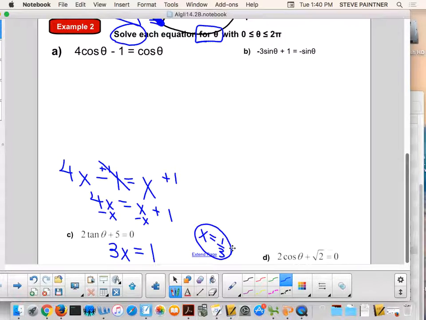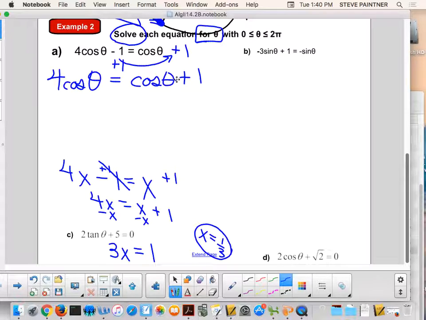In 9th grade, you did that problem. Now you're in 11th grade. Now you got to solve this problem. It doesn't say x. It says cosine theta. Big deal. It's the same thing. Move the 1 over. How? Add 1, add 1. So now it says 4 cosine of theta equals cosine of theta plus 1.